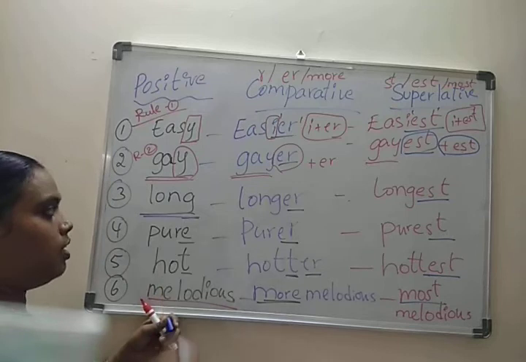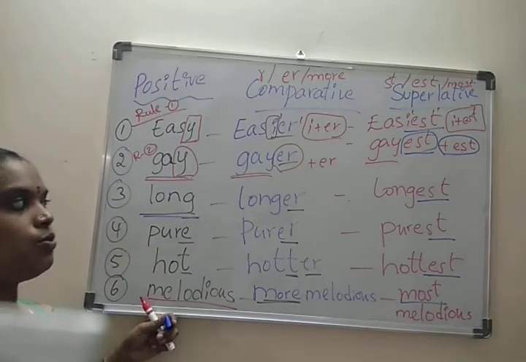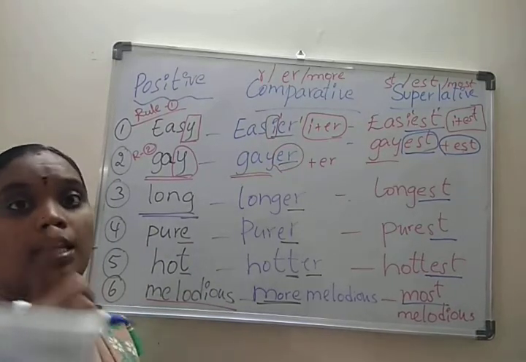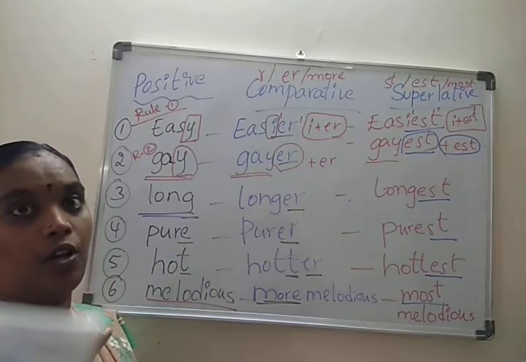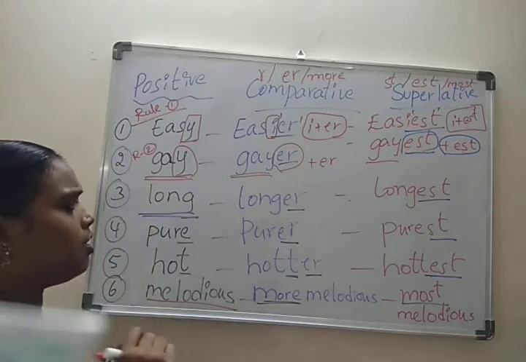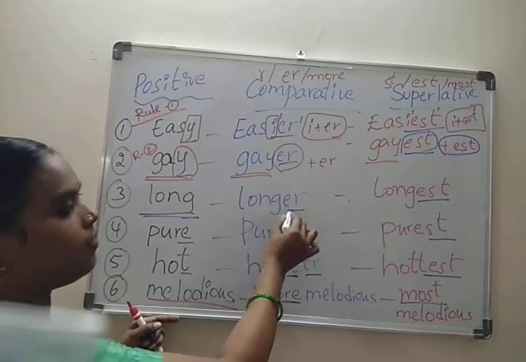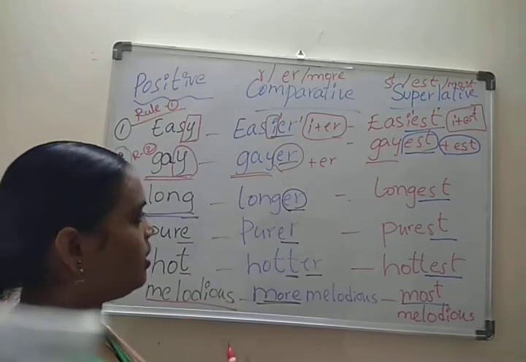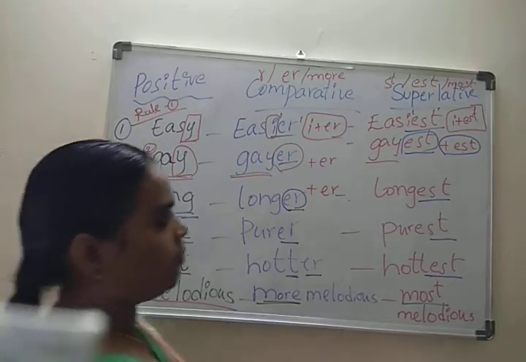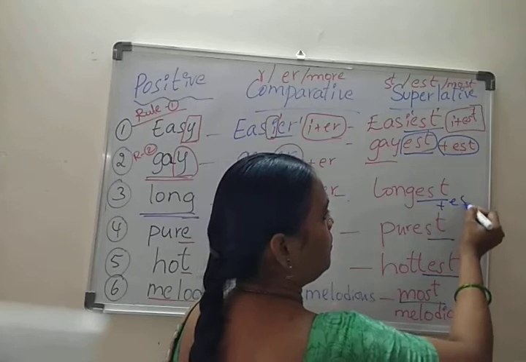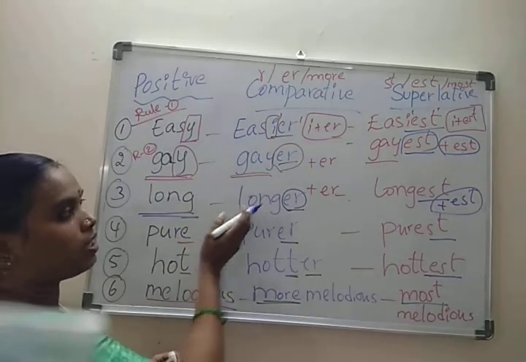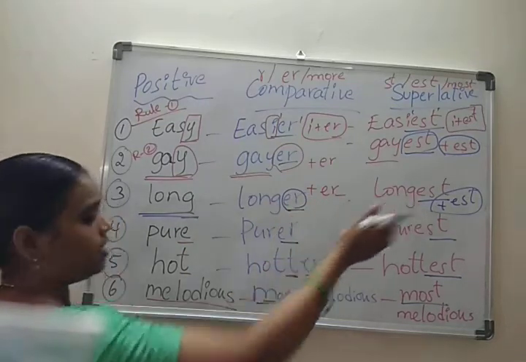Coming to long. This ends only with a consonant. This is a single syllabic word. Long. And longer. Add here ER, plus ER. Here plus EST. So whenever we are writing the form, longer, ER will come. Here longest, EST.